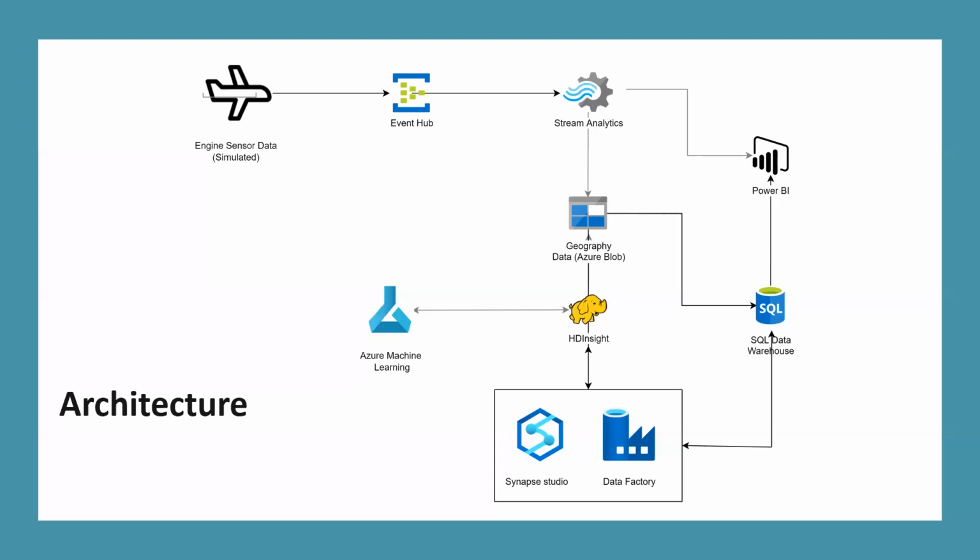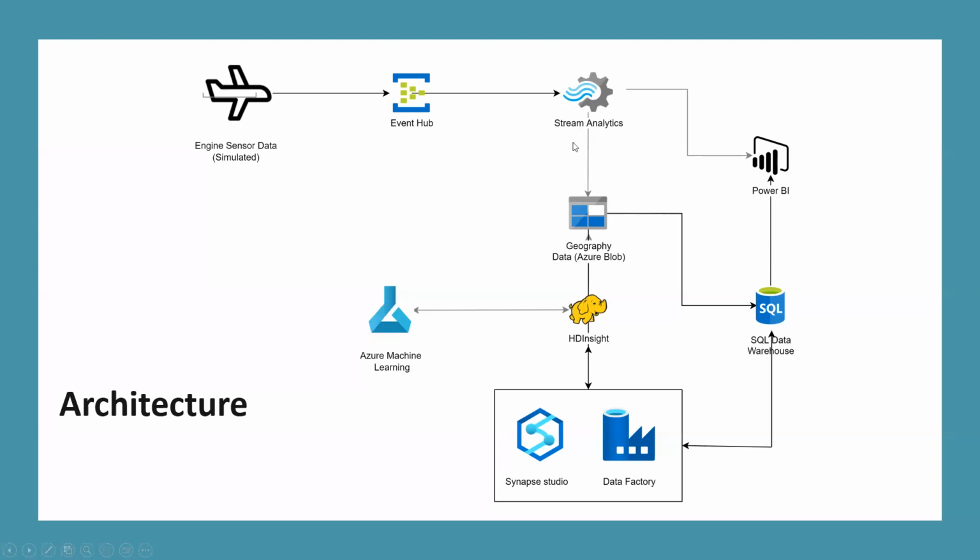And what is Azure Machine Learning for? Azure Machine Learning predicts potential failures based on the real-time assembly line data from Stream Analytics. Let's go back to the beginning of the architecture, to step one. In step one, the data comes from the engine sensor to Event Hub, which receives it and sends it to Stream Analytics.